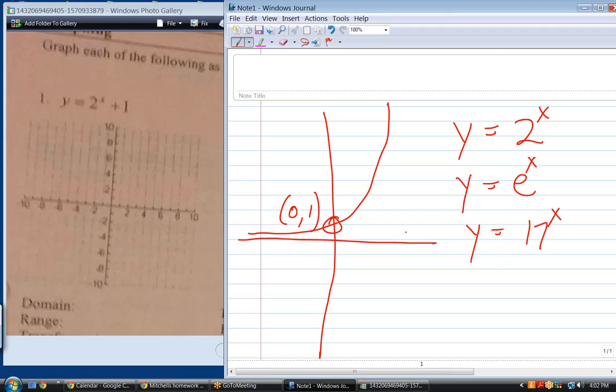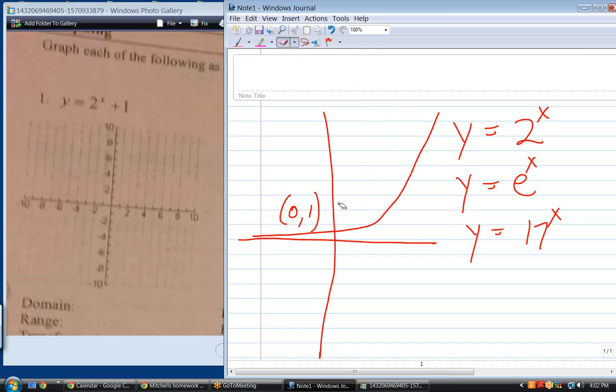So the only real difference is y equals 2 to the x might be that curve, the middle curve might be y equals e to the x, and the other one is probably going to be like that, y equals 17 to the x. So the only difference is their steepness.